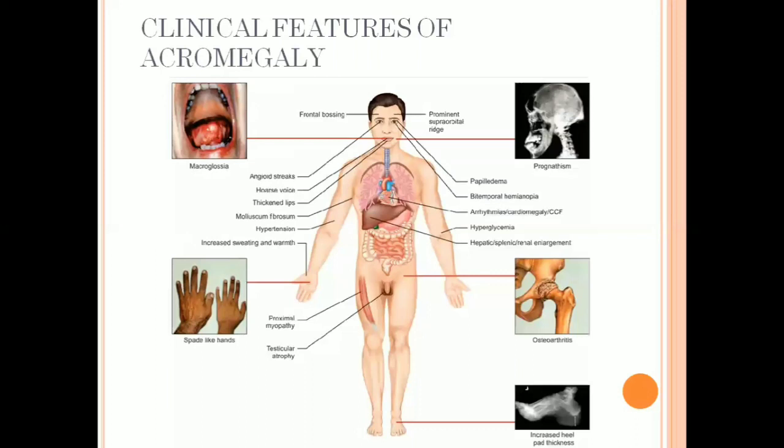That is, all the soft tissues are enlarged, and there is thickening of lips, and there is hoarse voice, and also there is a characteristic feature called osteoarthritis of bone, and testicular atrophy is also a feature of acromegaly. I think this picture will make you remember all the characteristic features of an acromegalic patient.